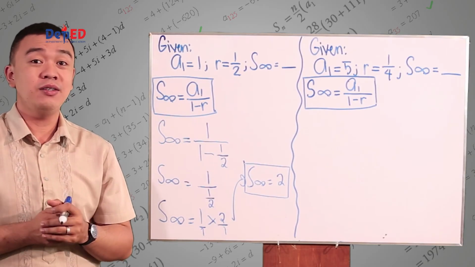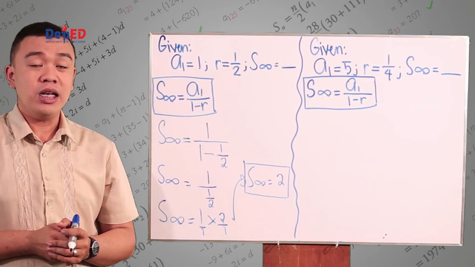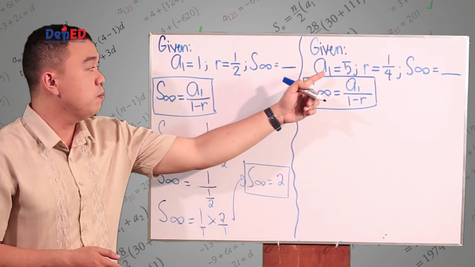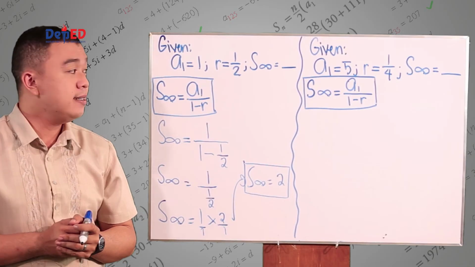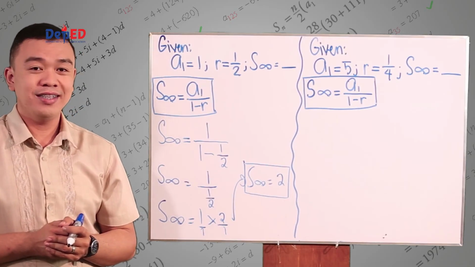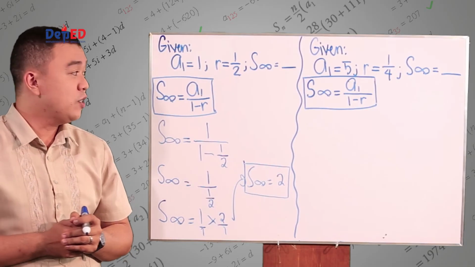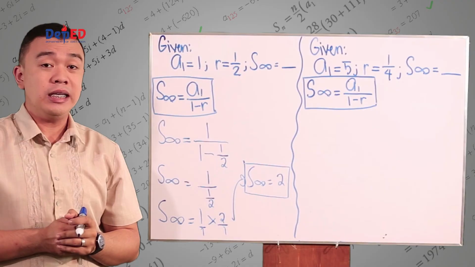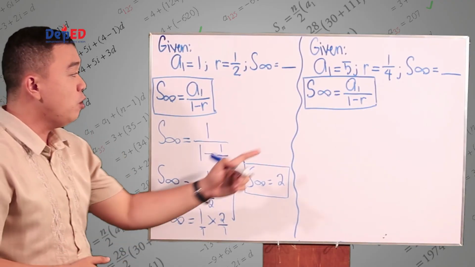Let's proceed to the next example. Find the sum of an infinite geometric sequence whose first term is 5 and the common ratio is 1/4. Our values for a sub 1 is 5, and the common ratio is 1/4. Now let's substitute these values in the formula.